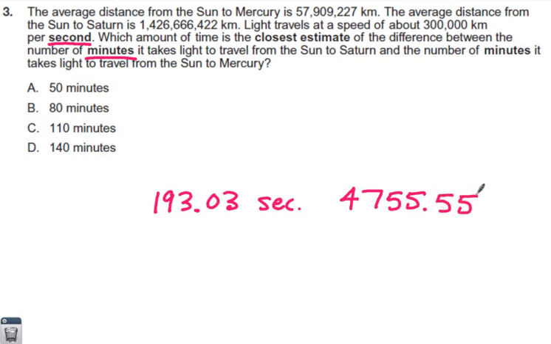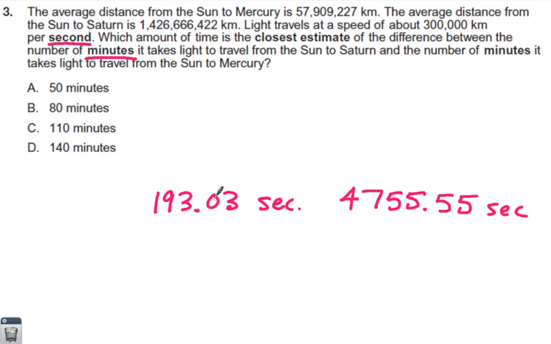So that's a number of seconds. Right? This was the total number of kilometers. Speed of light goes 300,000 kilometers per second. So this is from the Sun to Mercury. And this is how many seconds it takes for light to go from the Sun to Saturn.